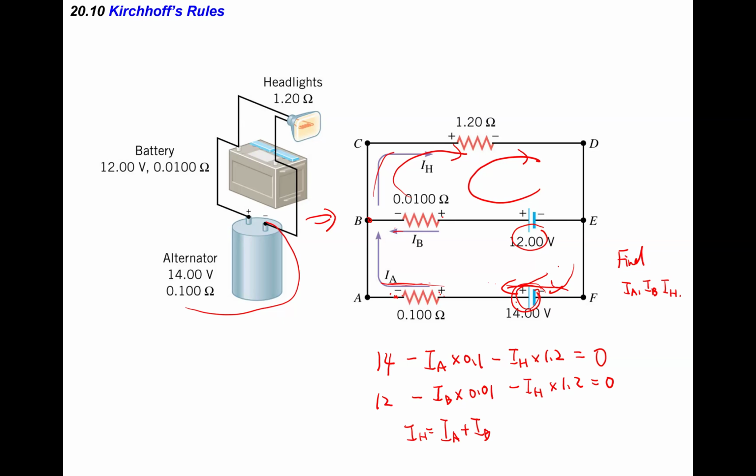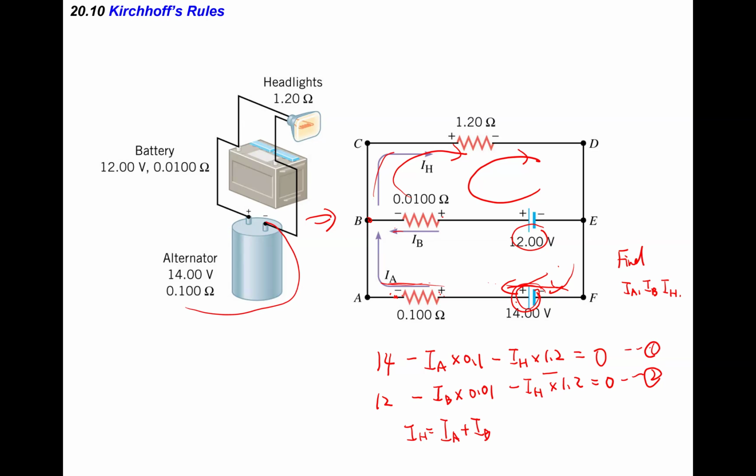We can do equation 1 minus equation 2, and then you can get IA. How to do this equation 1? We can get rid of the IH.